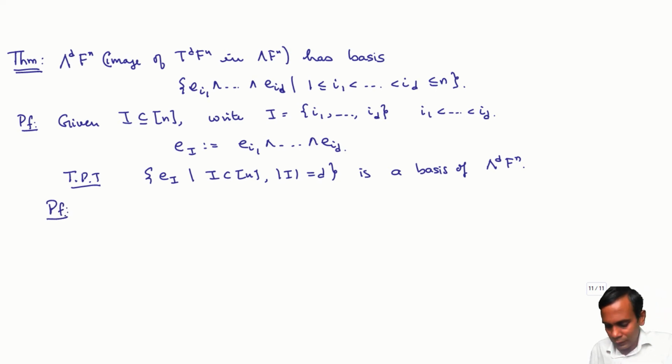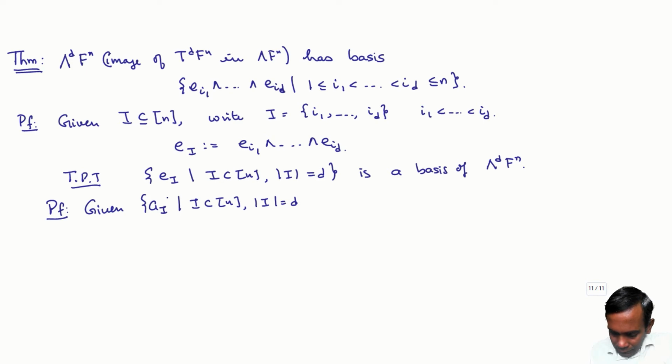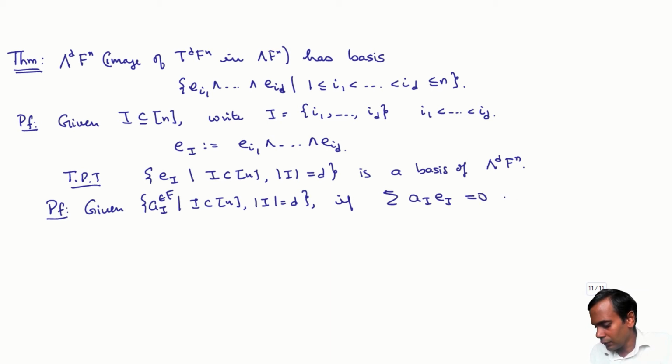Well, the proof goes as follows. What do we need to show? Given scalars a_I, I a subset of n with cardinality d, and these a_I should be in F, if summation a_I E_I equals 0, then a_I equals 0 for all I. This is what we have to show. So what we'll do is multiply this by another element.